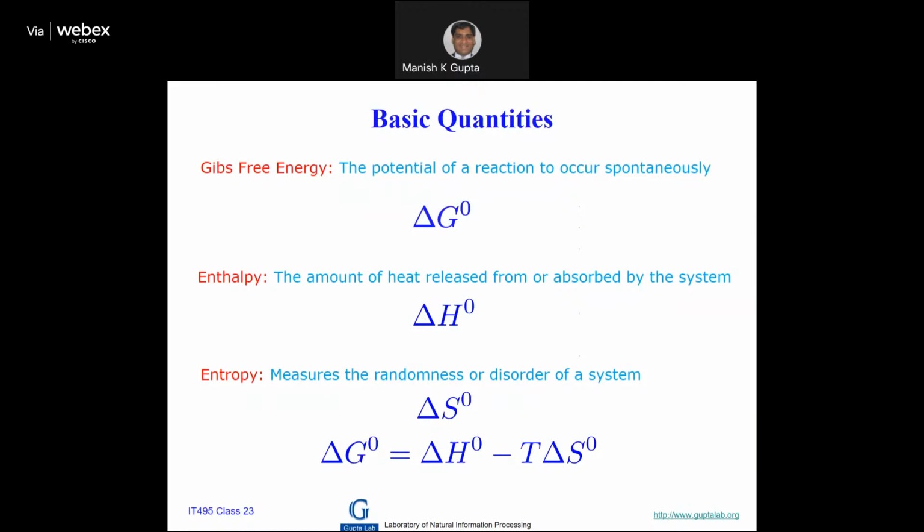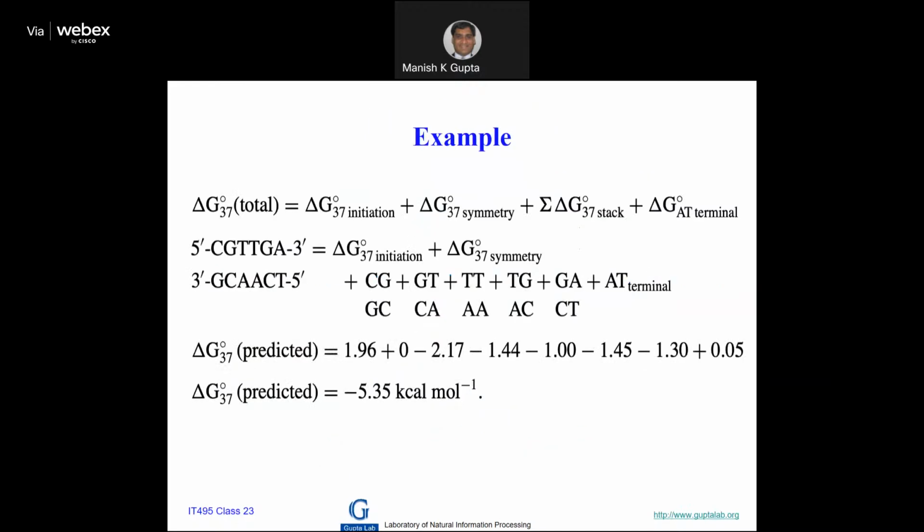So entropy is a very, very important thing. It measures the randomness or disorder of a system. I think you might have studied these things somewhere. Okay, so now if I want to compute the Gibbs energy for this example, CGTTGA and GCAACT, the Gibbs energy is the total of initiation plus symmetry plus stacking plus terminal.